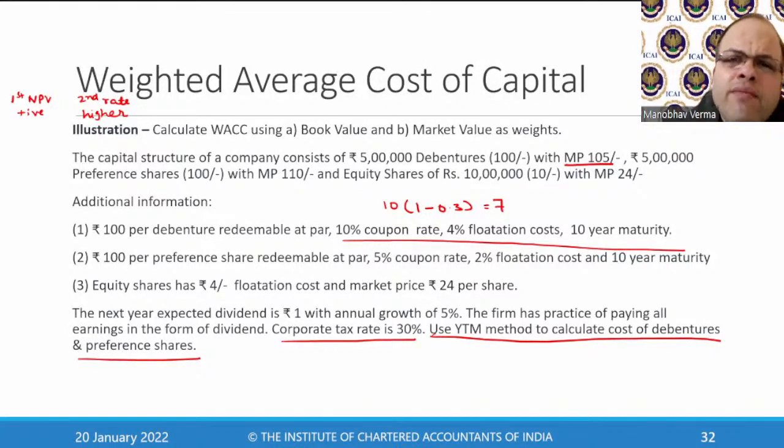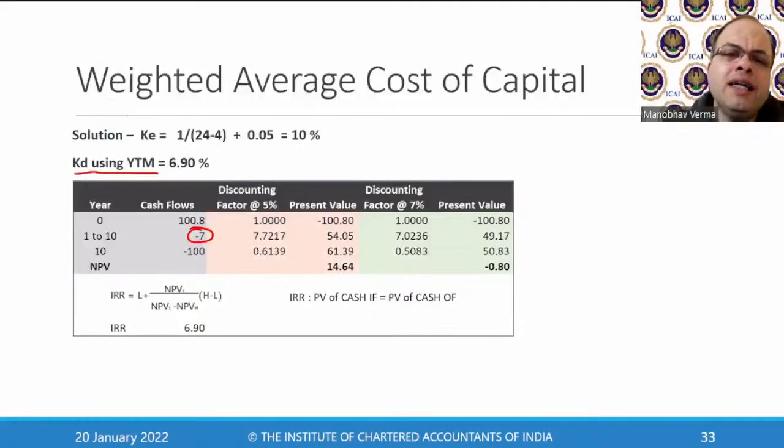So 105 minus 4.2, that is giving us 100.8. 100.8 as an initial cash flow. That is 105 minus 4%, guys. And at the 10th year, there will be 100 of redemption value. I hope everyone is comfortable with the cash flows though.